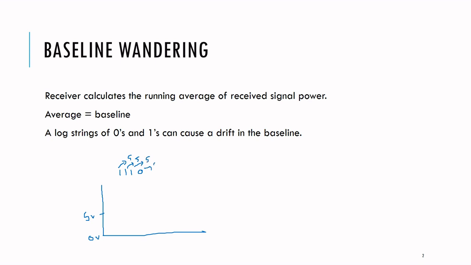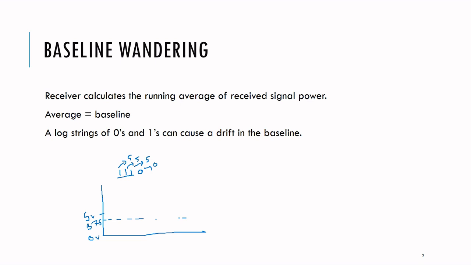While I am receiving the signal, if I calculate the running average of this, the baseline would be somewhere around 3.75, because I had long strings of ones in it. So you see how long strings of ones make the baseline shift upwards.